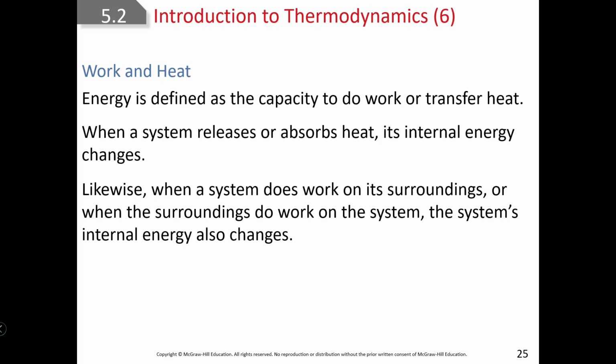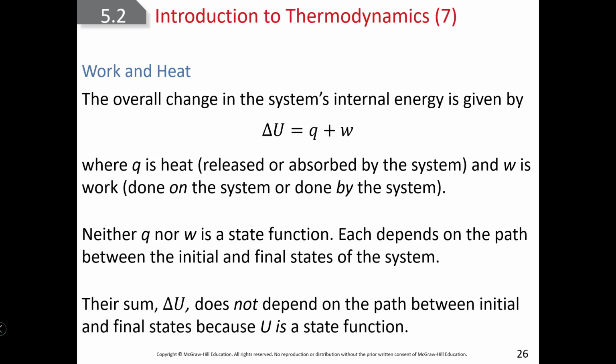All right, so energy is the ability to do work, and the types of energy that we're going to focus on are heat and work. The type of work we're going to look at as far as chemistry goes is pressure-volume work.